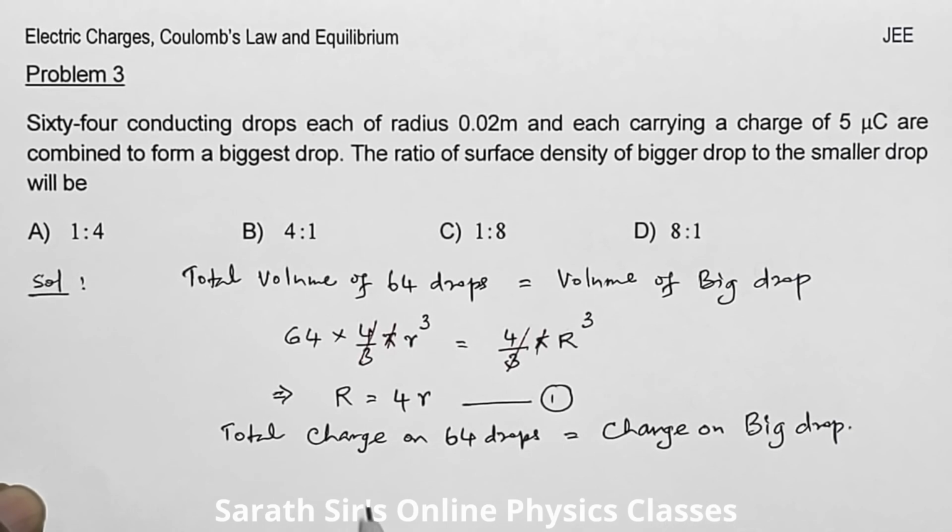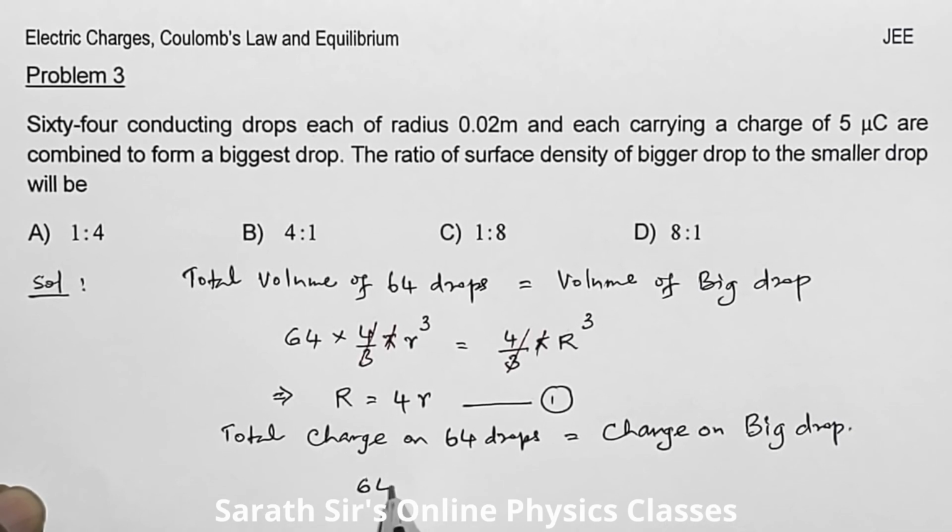So total charge 64q is equal to the charge on the big sphere. So these are the results we got from this data.